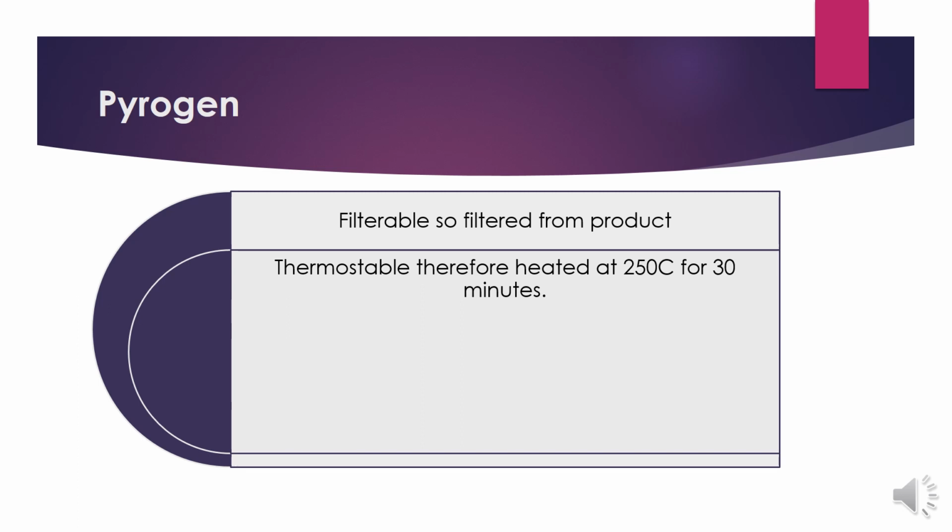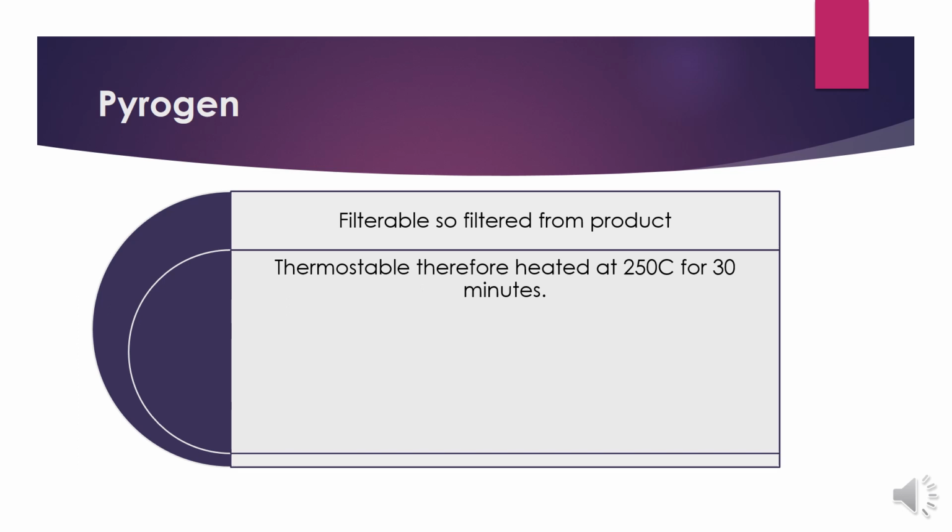For their removal the product can be heated at 250 degrees centigrade for 30 minutes, meaning the normal heating, autoclaving or oven temperature is not sufficient to remove pyrogens because they are thermostable in nature. More importantly, if the product is heat stable, it can be heated up to 250 degrees centigrade for 30 minutes. Otherwise they can be filtered.